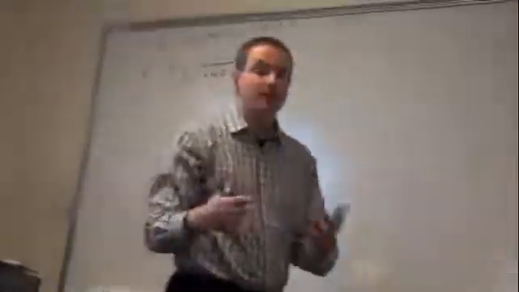This is another scenario in which substitution needs to be used, but it doesn't work directly. We have to do some algebraic finagling to get it to work. So we say, again, the clear choice for u is 4x minus 1.